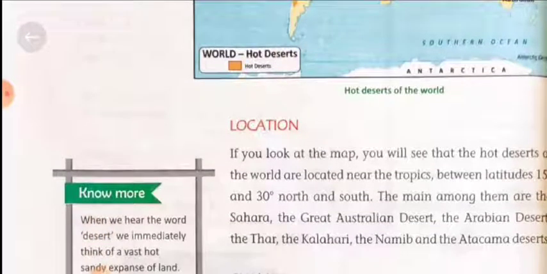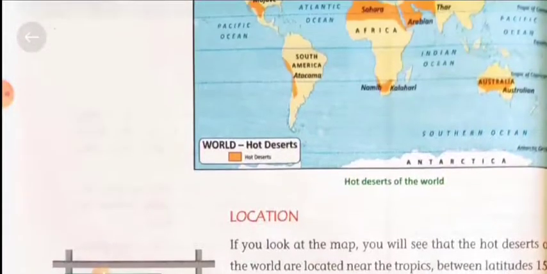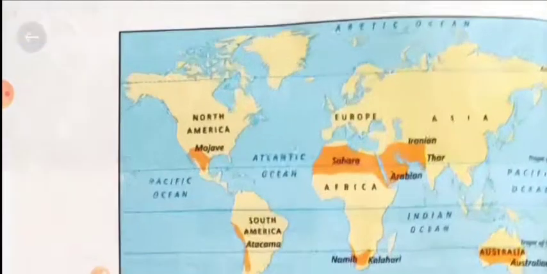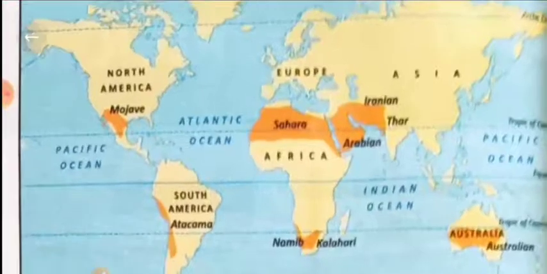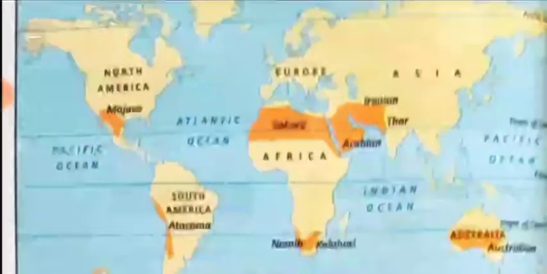First we look at the location. If you look at the map, you will see the hot deserts of the world are located near the tropics, between latitude 15 degrees and 30 degrees north and south. Students, here is a map of the world, and you can also see the latitudes of the tropics.